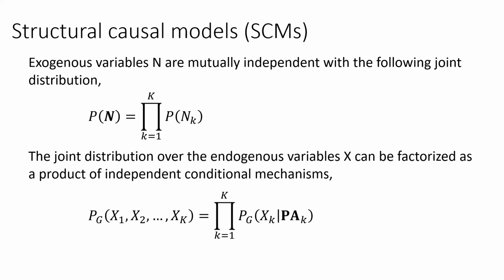According to the principle of independent causal mechanisms, we assume that the causal generative process of a system's variables is composed of autonomous modules that do not inform or influence each other. This means that the variables N are mutually independent with the following joint distribution, and the joint distribution over the endogenous variables X can be factorized as a product of independent conditional mechanisms.